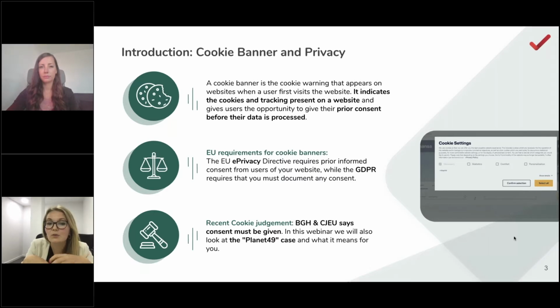The EU has certain requirements for cookie banners, which we will be talking about today. There is an e-privacy directive, which requires prior informed consent from users of your website, while the GDPR also requires that you must document any consent that you are receiving. There has been a recent cookie judgment this year, which is very interesting, and we will look into that in a bit more detail today.